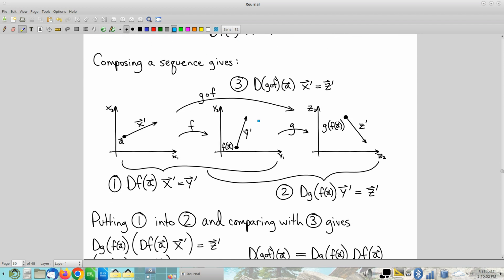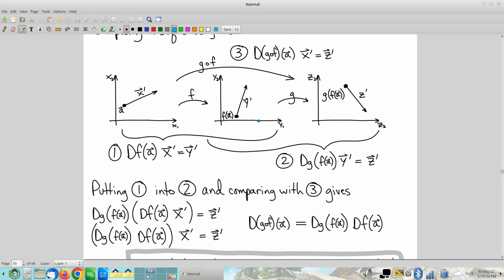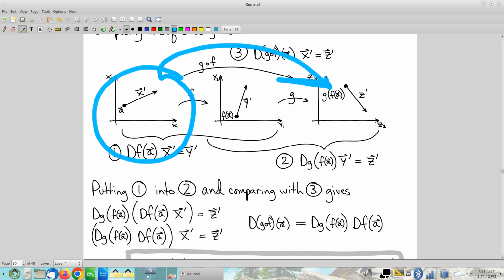Here are three functions involved in a composition. There's the first function that turns the x variables into the y variables. And then there is the second function that turns the y variables into the z variables. And then there is the composition that says, okay, yeah, all together we turn the x variables into the z variables.